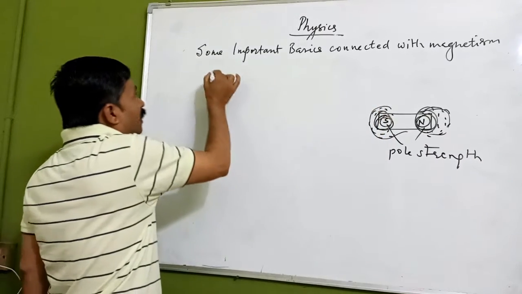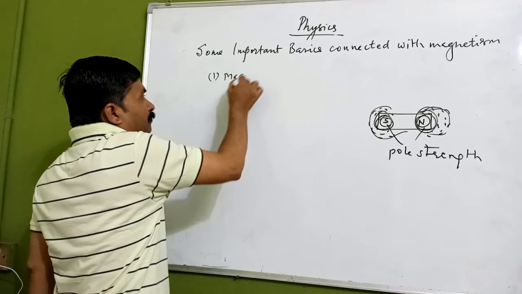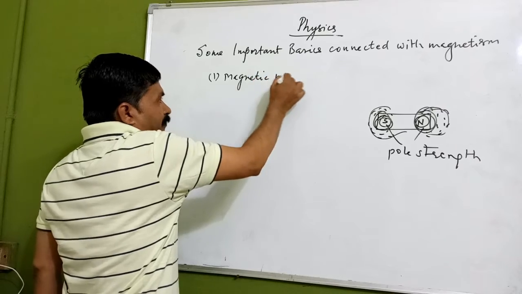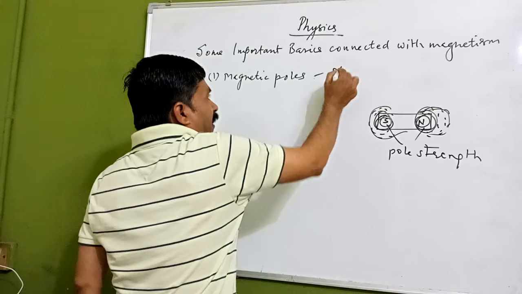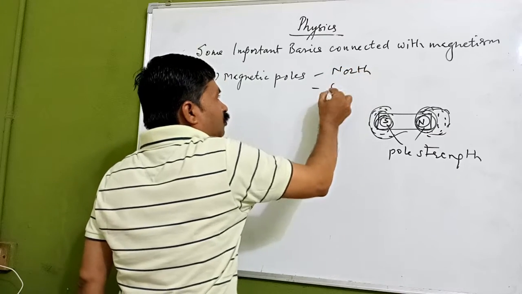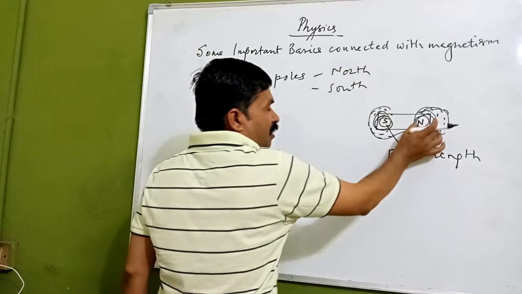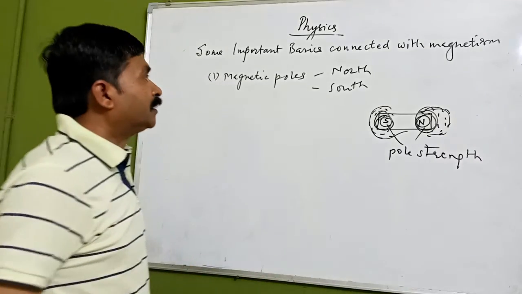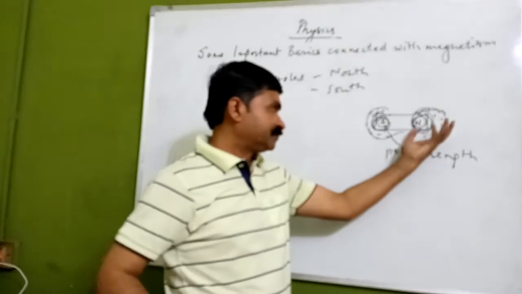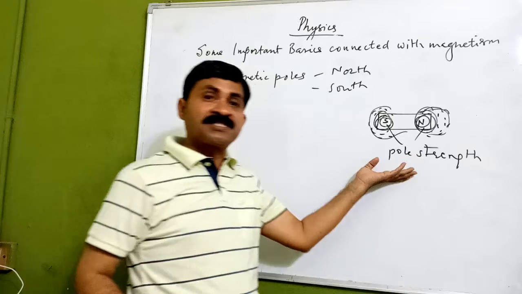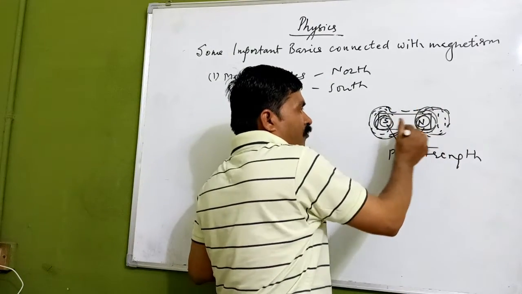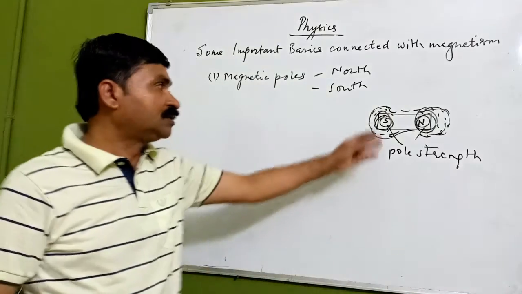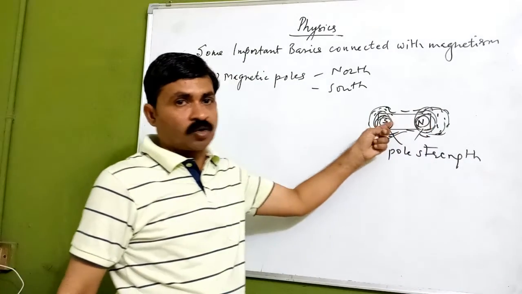So the first one is magnetic poles. There are two: one is north and another is south, and they have a concentration of attraction. So pole strength is there, and you will get more attraction in both the ends, north pole and south pole.